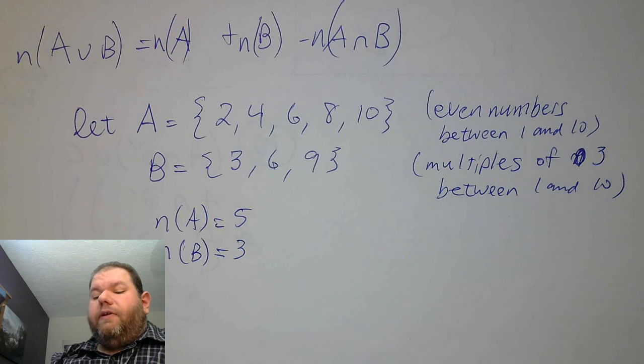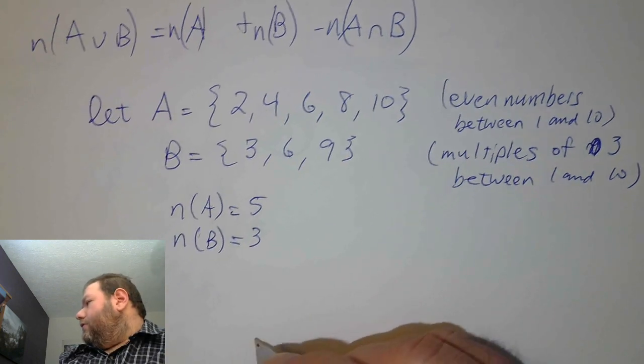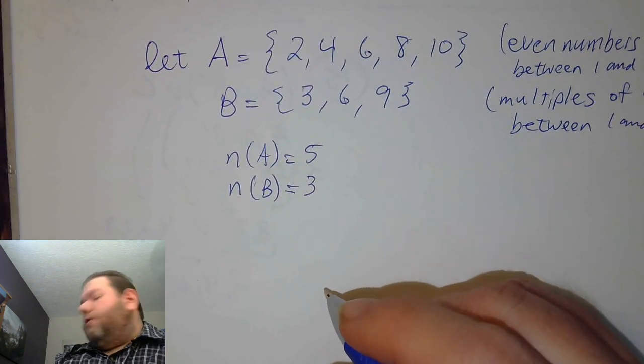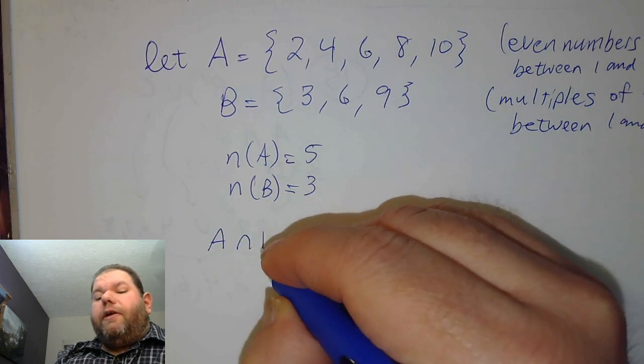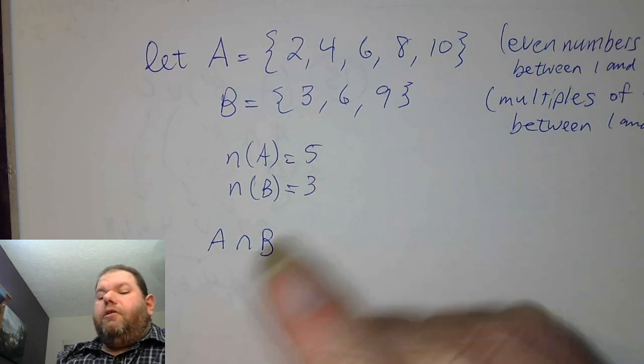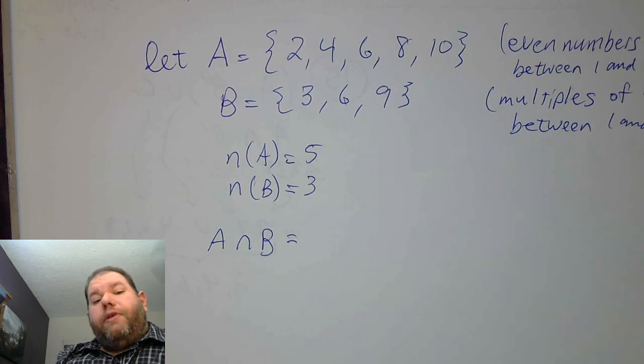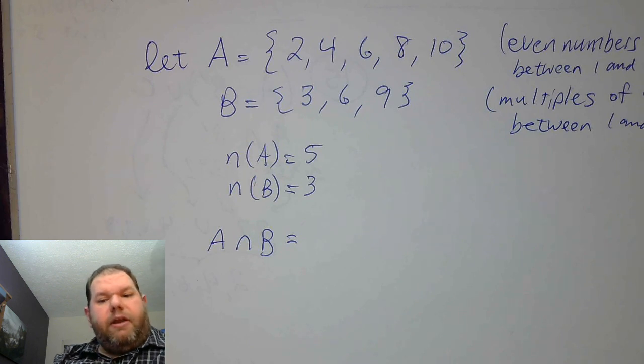Now next, let's look at the set A intersect B. What are the elements that A and B have in common? Or how many elements do A and B have in common?